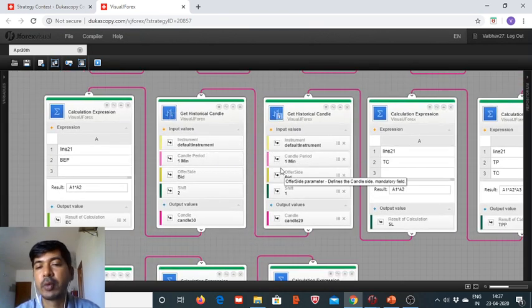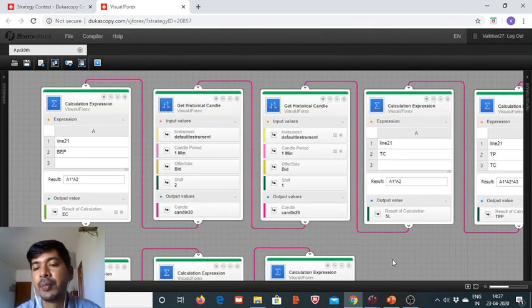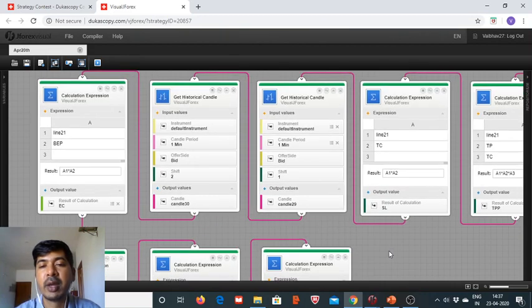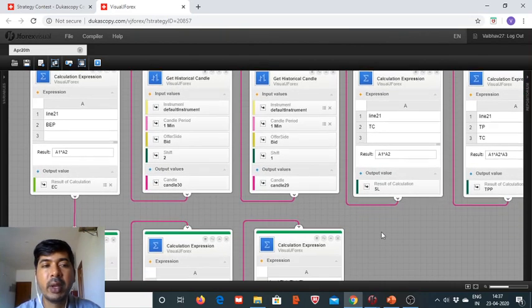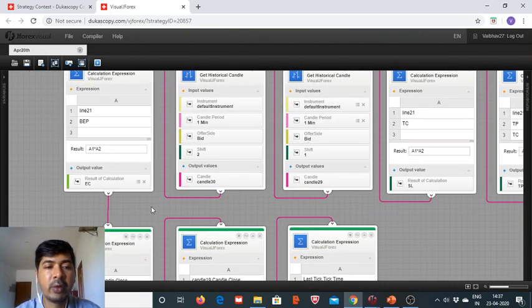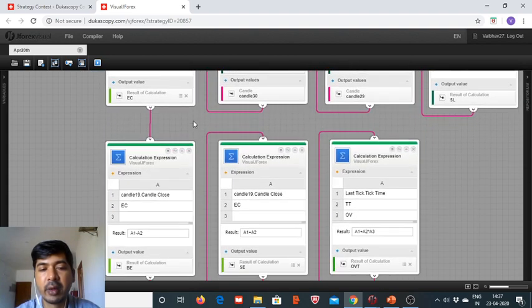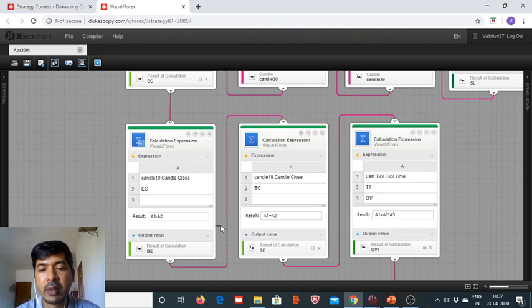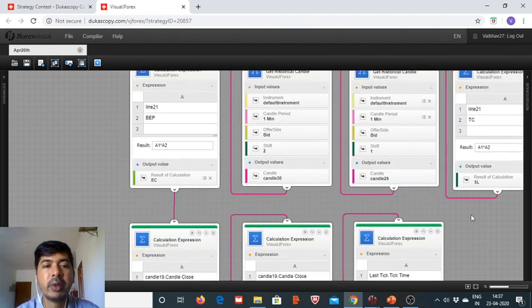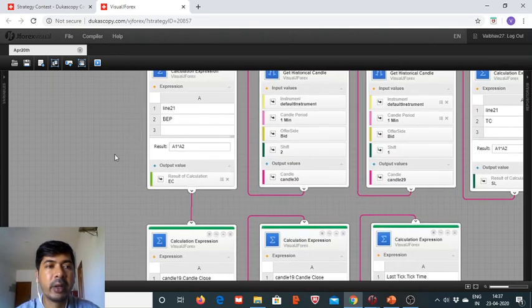For that we will be looking at the 1 minute candle, and then we will be defining the threshold. That threshold is the closing value of the last hourly candle, and whenever the price starts to rise, the order will be placed. Then we have defined some of the entry conditions here, and here is the buy entry and the sell entry and the order validity time, and this is the entry condition.